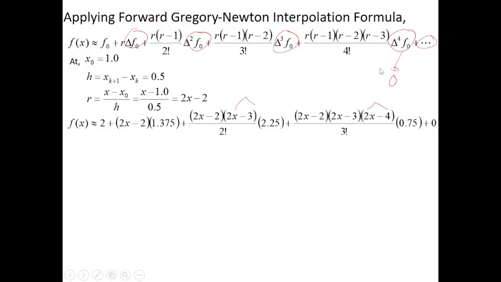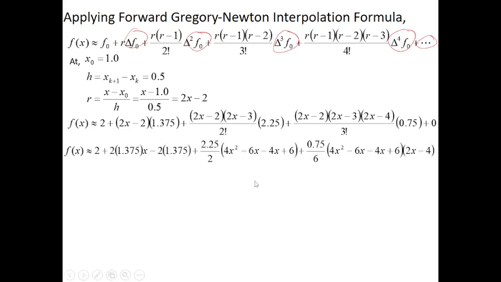We now proceed. So this is now the simplification.